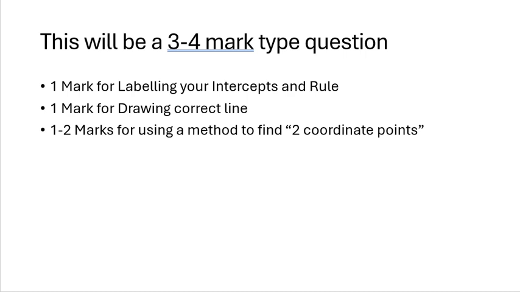You get 1 mark for drawing the correct line, and you might get 1 to 2 marks for using the x and y intercept method. Okay. It's just less work overall.